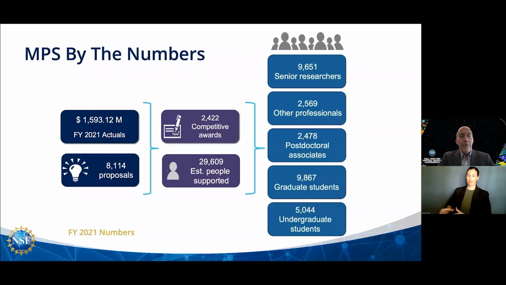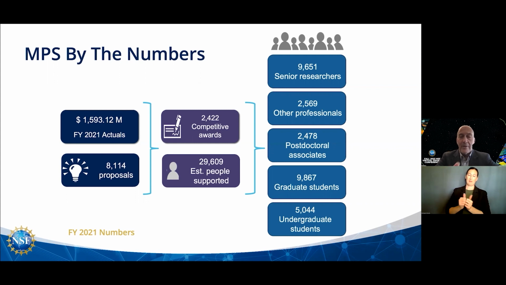All right, so here's MPS by the numbers. I should warn you, if you compare this slide with the next few, you're not going to get exactly the same answer out of each slide, because counting these things really gives you a good ballpark estimate. I think that is the way to think about numbers when it comes to data for large programs or large units like MPS and NSF. But roughly speaking, in FY21, there was 1.6 billion in awards that went to almost 2,500 competitive awards.